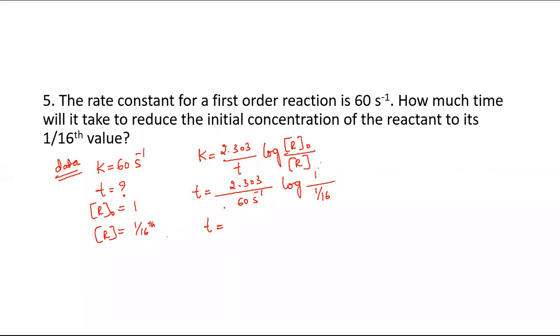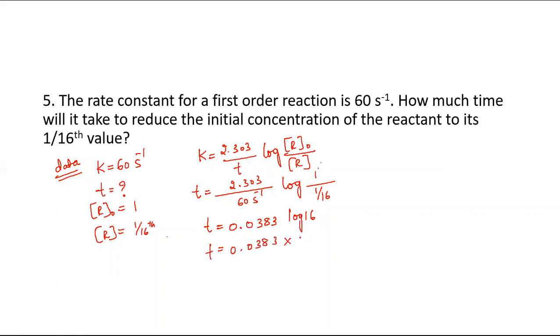2.303 by 60. What is the value of 2.303 by 60? That is 0.0383. Okay, log 1 divided by 1 by 16 is nothing but log 16, and 0.0383 as it is.